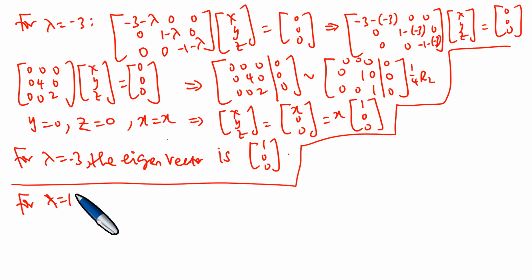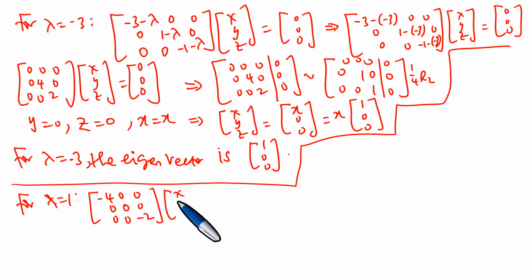Okay, I'm going to be straight to the point here. If you put 1 here, what does it give? It gives minus 4, 0, 0, 0, 0, 0, 0, 0, minus 2, times x, y, z, and then it gives 0, 0, 0.